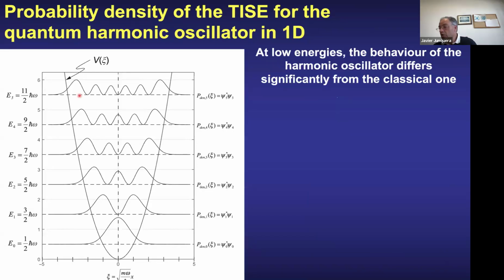So if instead of plotting the wave function, I am plotting the probability density, remember that the probability density is related with the modulus square of the wave function. I have this behavior here.